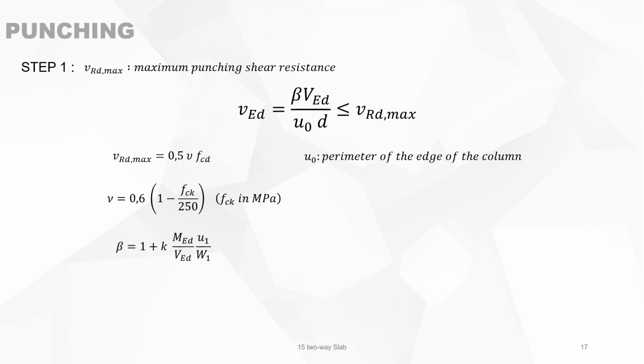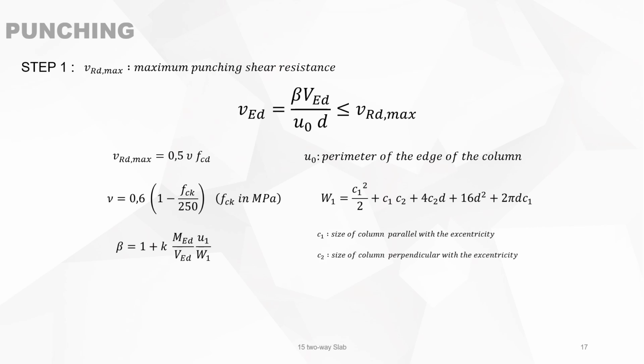Beta is the coefficient depending on the situation, on the location where the column is situated, and it's also a function of the bending moment and the shear force at that point. The W1 is a geometrical factor given by geometrical conditions, where C1 and C2 are the sizes of the column, the first one parallel with the eccentricity, and the other one perpendicular to the eccentricity.